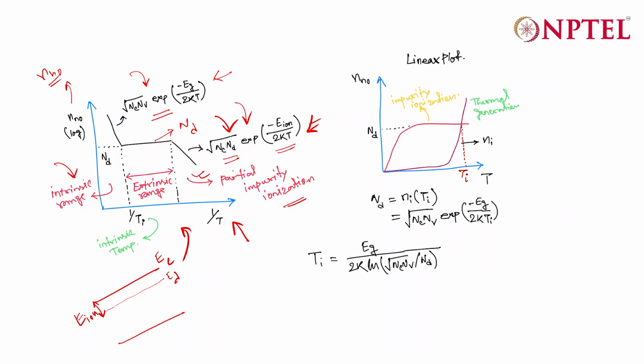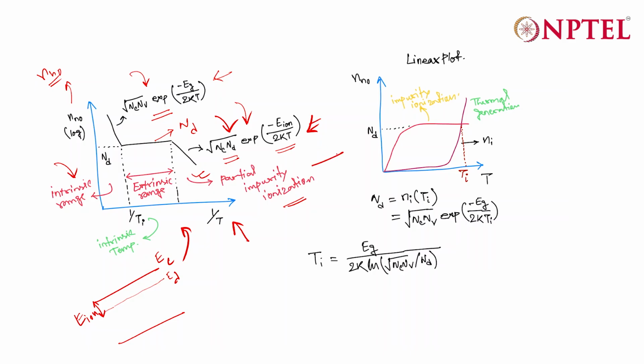Now let us look into the intrinsic temperature in a bit more detailed way. I already have said the temperature from where the intrinsic concentration starts dominating is the intrinsic temperature, right?